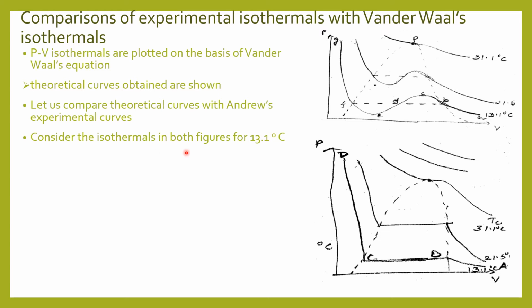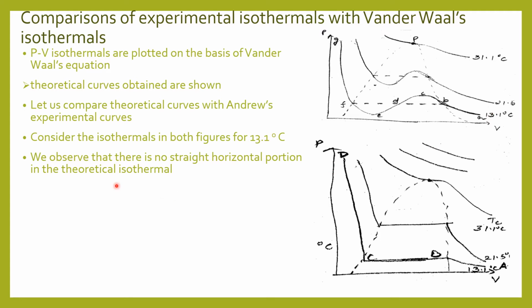Consider the isothermals in both the figures for 13.1 degrees Celsius temperature. So this is the curve for 13.1 degrees Celsius for the Andrews experiment, and this curve is for the van der Waals isothermal. We observe that there is no straight horizontal portion in the theoretical isothermal.